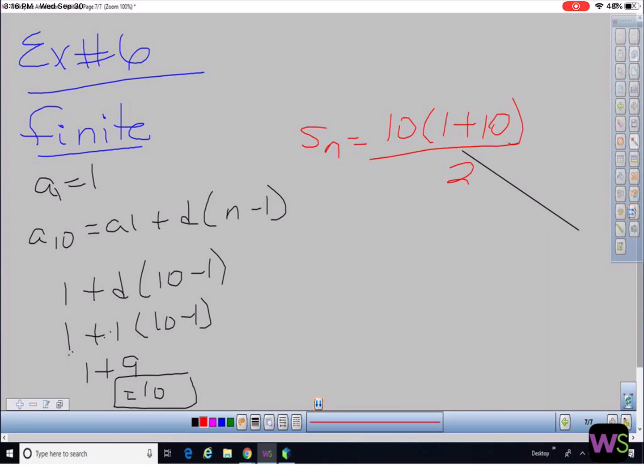So that's going to be 11 times 10 divided by 2. It's going to be 110 divided by 2, which is going to be 55. So it's 55 cans total.